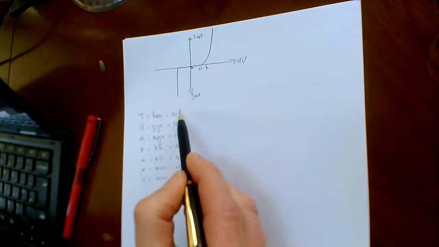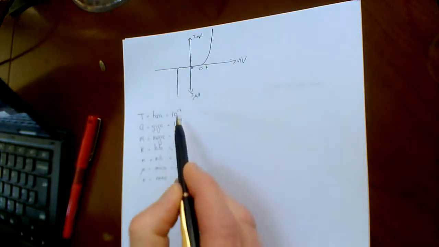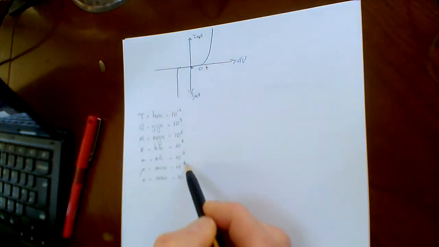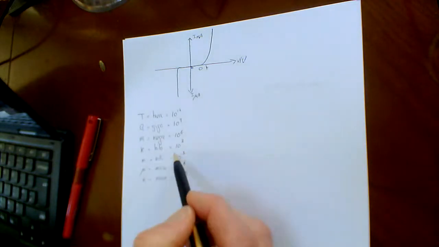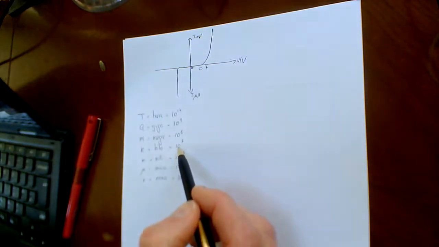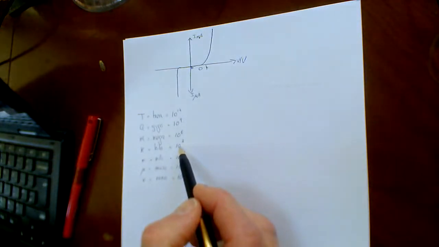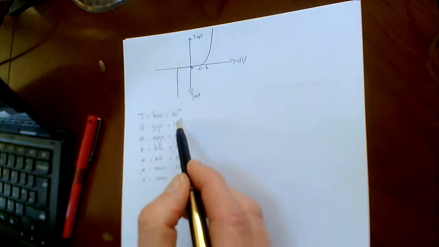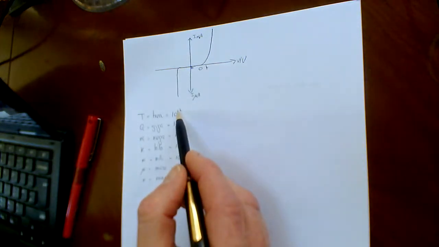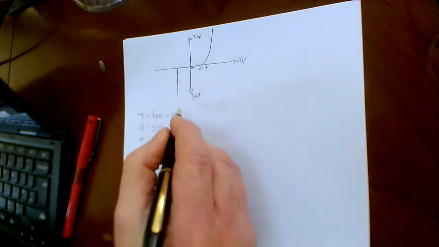So you see they go in steps of thousands. This is 1,000 times smaller than this, which is 1,000 times smaller than this. Then you've got your no prefix. Then you've got 1,000 times bigger than no prefix, 1,000 times bigger than that, 1,000 times bigger than that, and 1,000 times bigger than that. So those are the prefixes that you need to know, right?